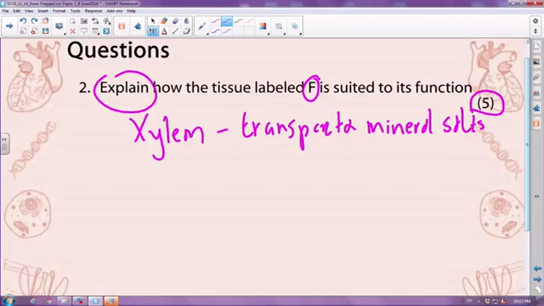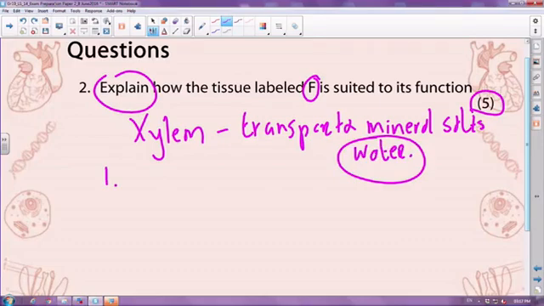Now, it asked you to explain how the tissue labeled F is suited to its function. So what you have to do here is tell us what its best part is to enable it to transport water. What makes it so good at transporting water?